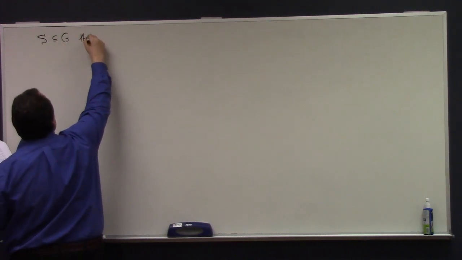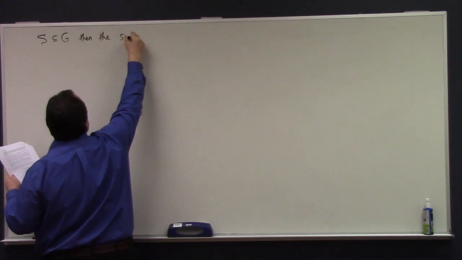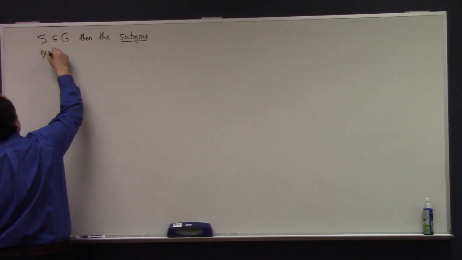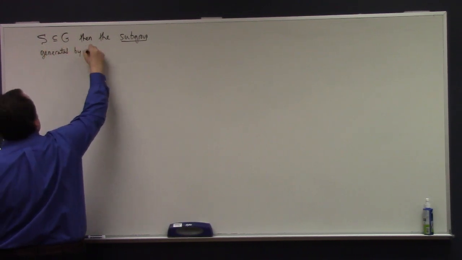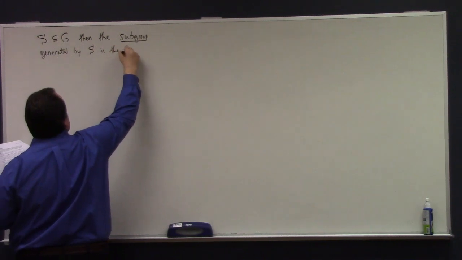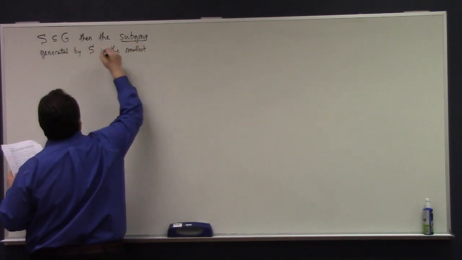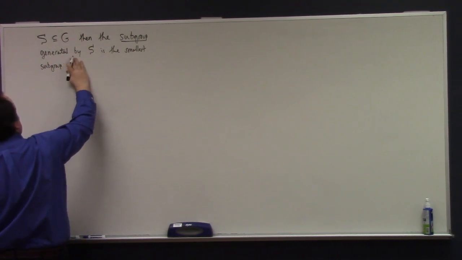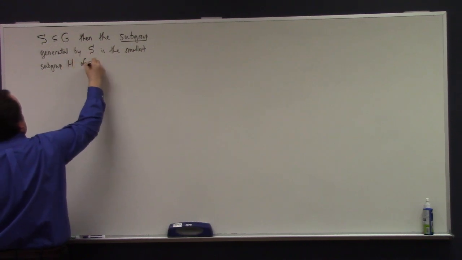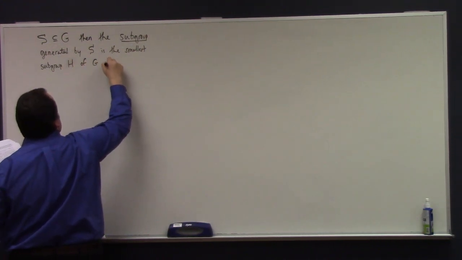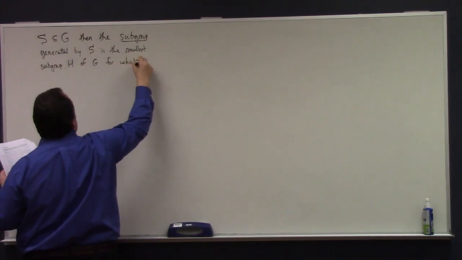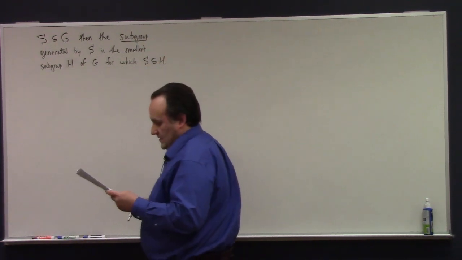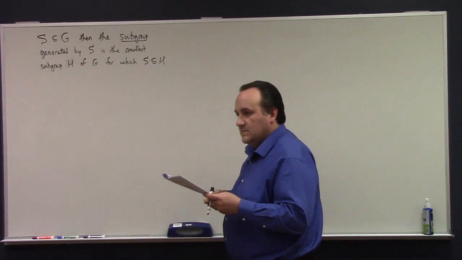Then the subgroup generated by S is the smallest subgroup H of G for which S is a subset of H. So this is the notion of a generating set for a group.